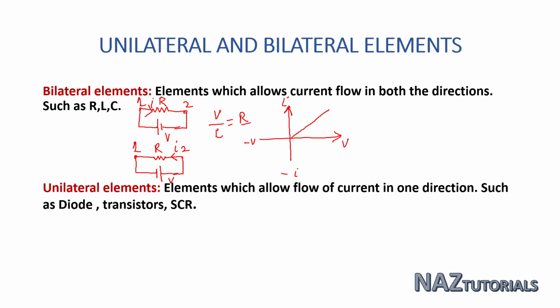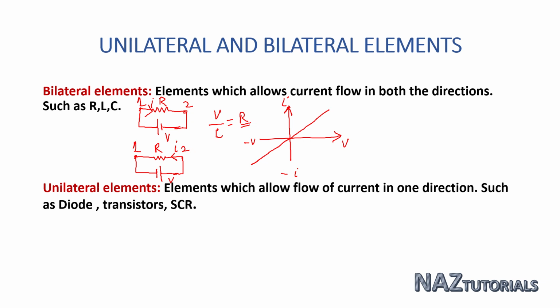This R is a constant. So for the reverse direction, the VI characteristics are also the same. So this element behaves the same for both directions of current, and it allows the current to flow in both directions.